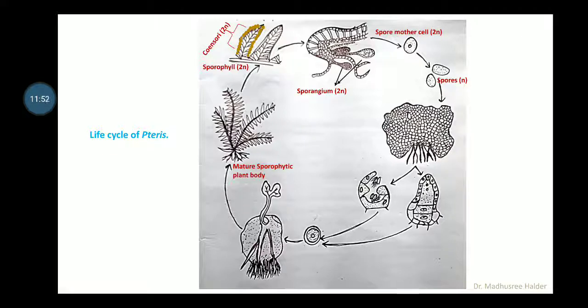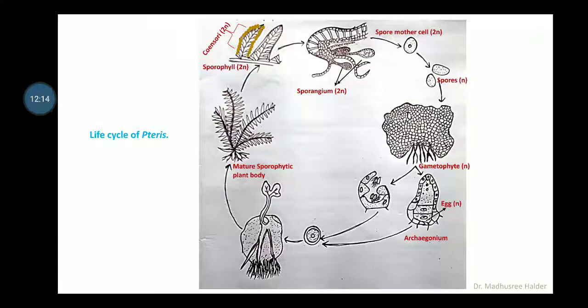Hence the chromosome number of each spore is haploid, and from each spore a gametophyte is developed, and that is also n number of chromosomes, and within each gametophyte archegonia or female reproductive structures are there.